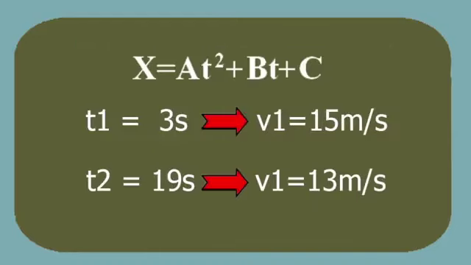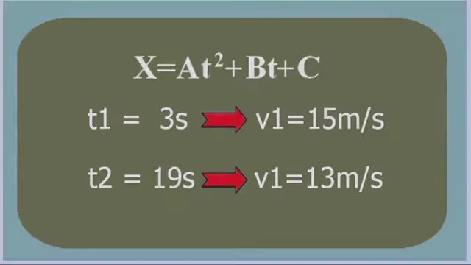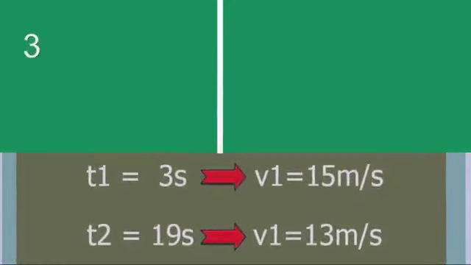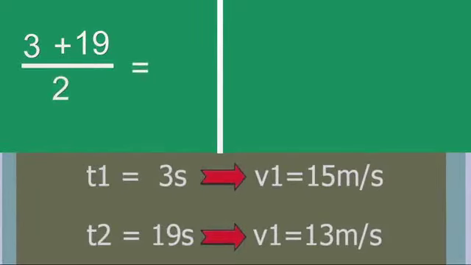Pay attention. It is very time-consuming if we want to solve the problem in the usual way. So we use point 7. The average time is equal to 11 seconds.